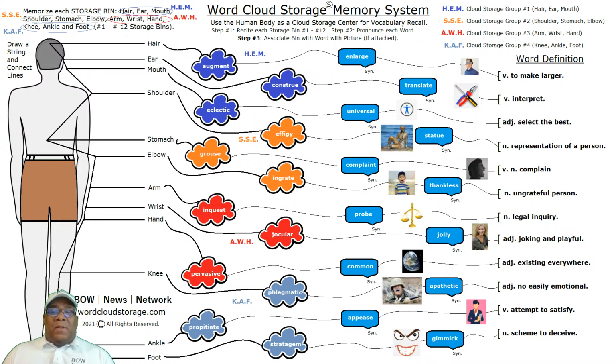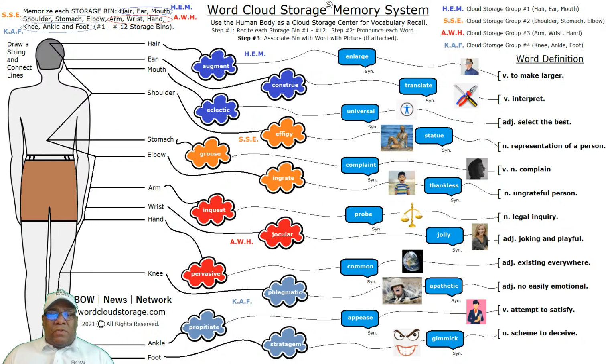The next word is construe, which means translate or interpret. This is assigned to the air storage bin, in the blue cloud. Translate is a synonym, as is interpret. And if you want to make a word association to the storage bin, that will be quite all right.